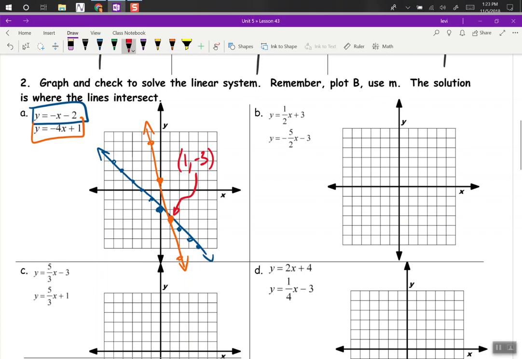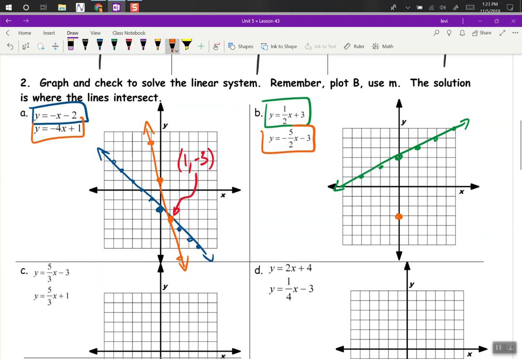B, our y-intercept is 3, and our slope is 1/2, up 1, right 2, down 1, left 2. And our next one, our y-intercept is -3, and our slope is down 5, right 2.